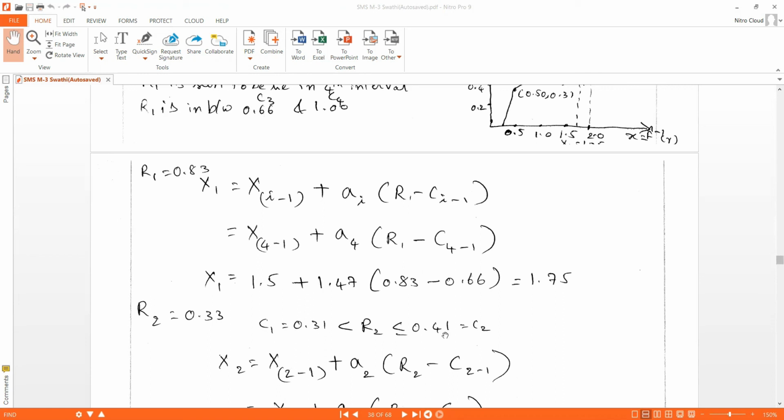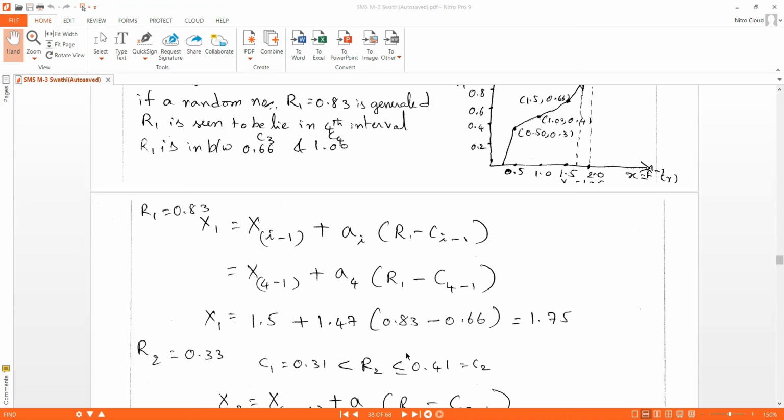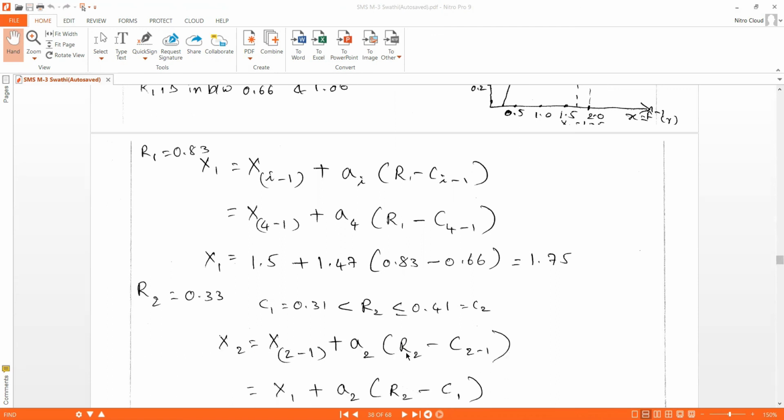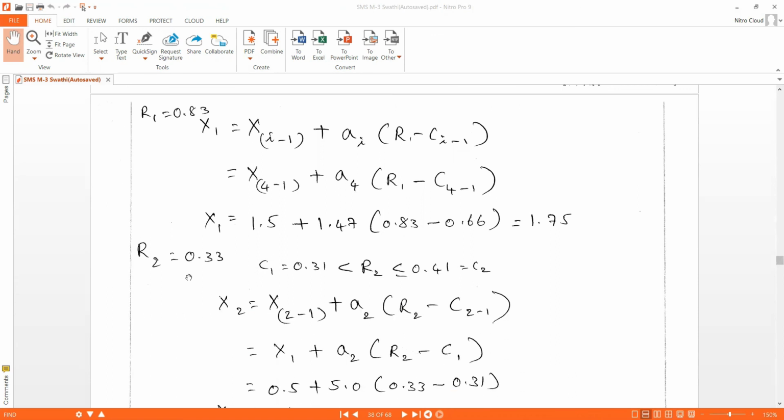So always this will be C1 less than R2 less than or equal to C2. R2 is less than or equal to C2. What interval does C2 come in? It comes when I equal to 2. So we'll assume that R2 lies in the second interval. We'll initialize I equal to 2. R2 is equal to 0.33.